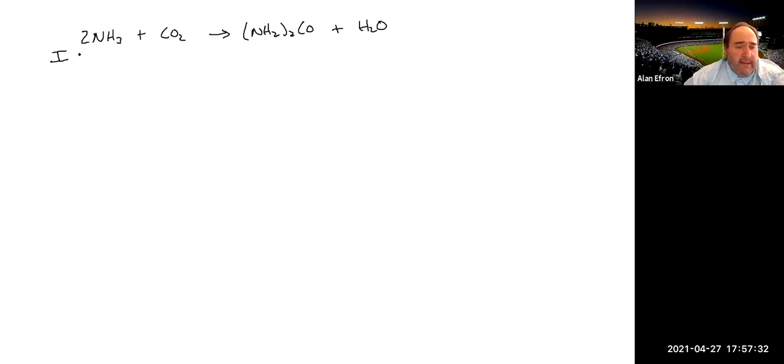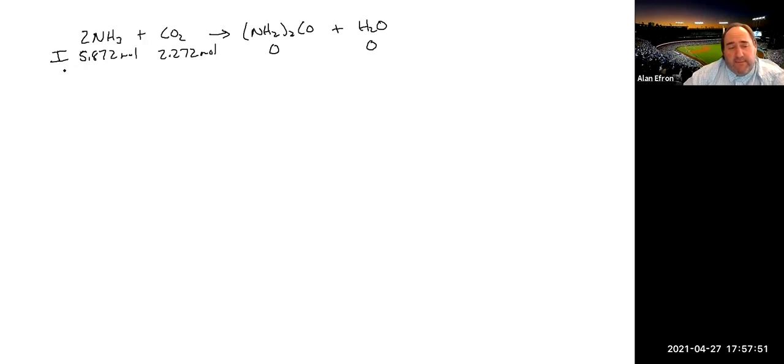So initially we got 5.872 moles of NH3. We got 2.272 moles of CO2. And as we talked about last time, it is very safe to assume that you are not starting with any products at this point.